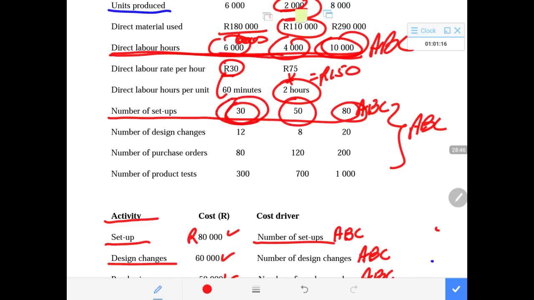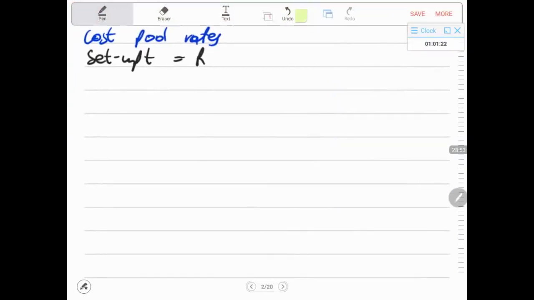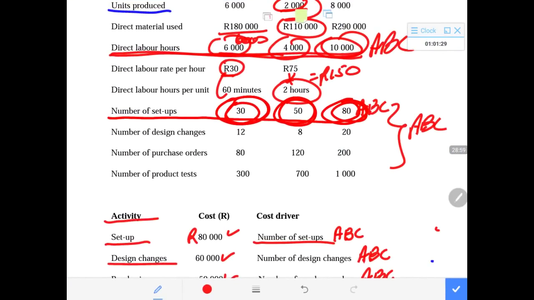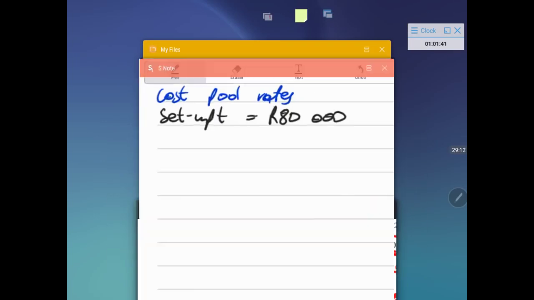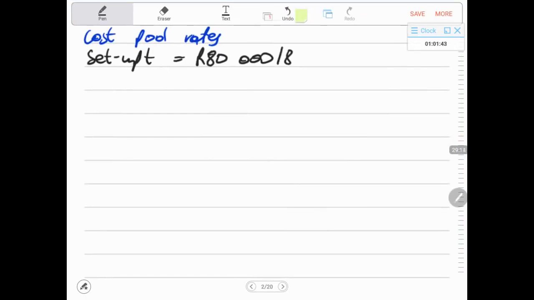My target is 80 because I need the rate. So now I say 80,000, the cost of the setup, divided by the total number of setups for both products, which is 80.